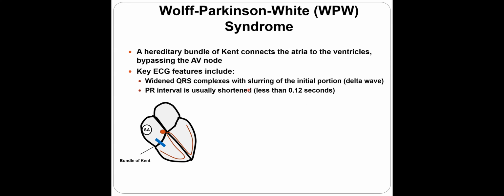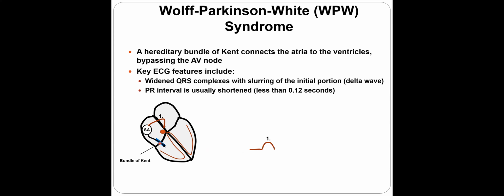Now let's see what the consequence will be when we have this bundle of Kent connecting the atrial muscle to the ventricular muscle. First of all, the impulse made in the atrium generates the P wave, so it forms the P wave. The atrium is activated.